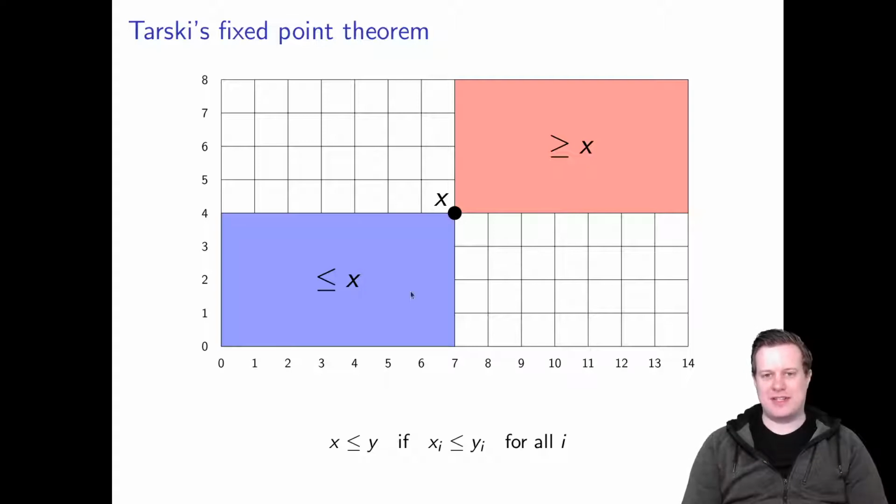A point is less than x if all of its coordinates are less than or equal to those of x, and a point is greater than x if all of its coordinates are greater than or equal to those of x. And that means, of course, there are some points, like points up here and points down here, that are incomparable to x. This one has one coordinate greater and one lesser, which means it cannot be compared to x. So that's the definition of our partial order.